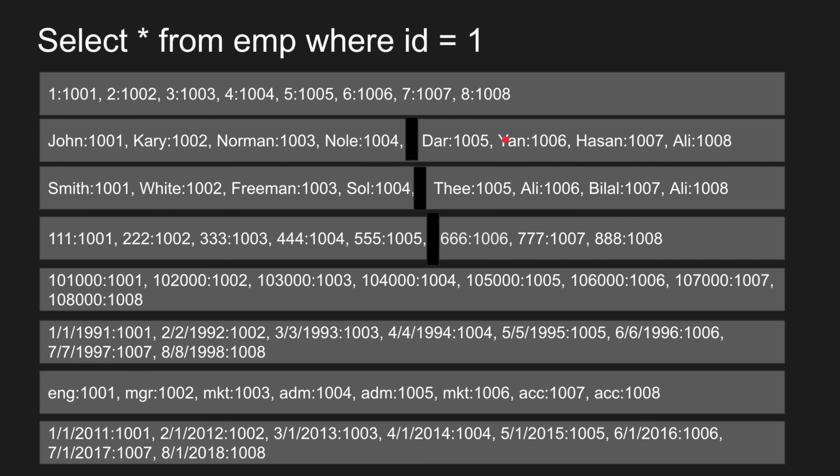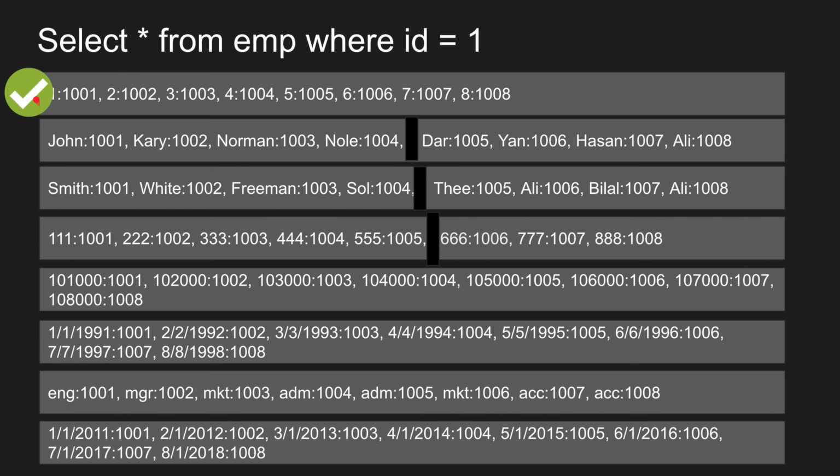Let's do select star from employee where ID equal 1, and let's see how our beautiful column storage does. All right. So ID equal 1. Again, I don't have any knowledge with this, so I'm going to start with ID. Where's ID? This is the ID. So I need only to read these structures, right? Let's pull it.